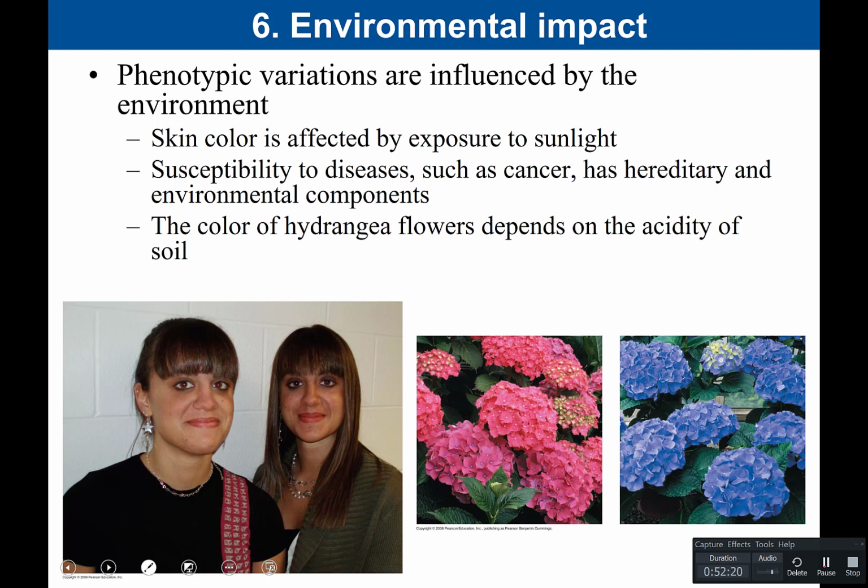UV exposure can increase your risk, as well as there being a genetic component to it. The color of hydrangea flowers: these are hydrangea flowers, and even though genetically they can be the same, if you plant them in different pH soil, the color of the flowers will be different. And so the color of the flower is dependent on the environment, meaning the pH of the soil.